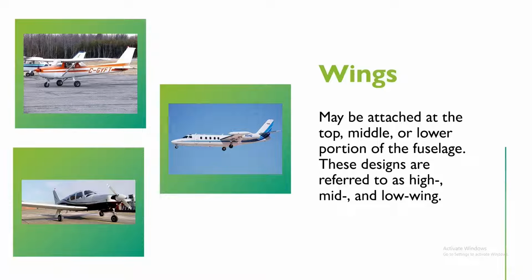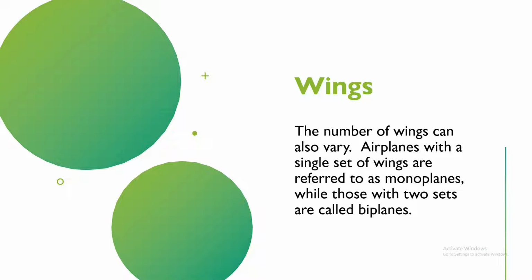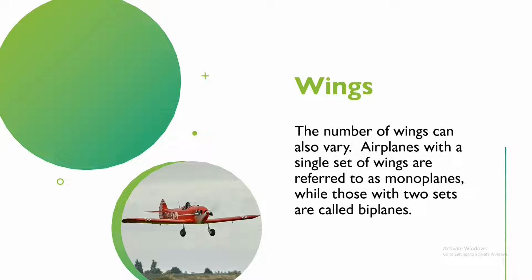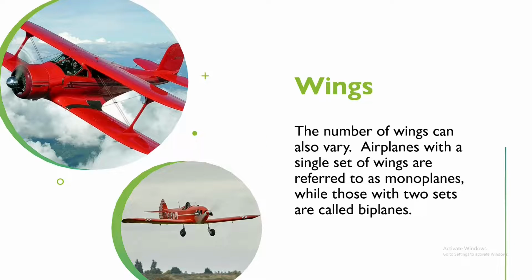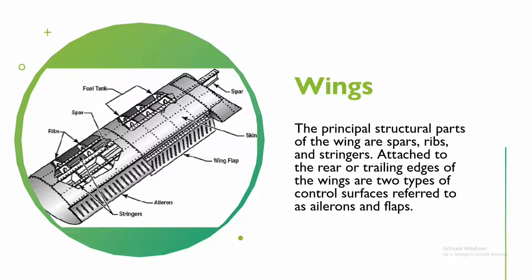A few high-wing and most low-wing airplanes have a full cantilever wing design to carry the loads without external struts. The number of wings can also vary. Airplanes with a single set of wings are referred to as monoplanes, while those with two sets are called biplanes. The principal structural parts of the wings are spars, ribs, and stringers.